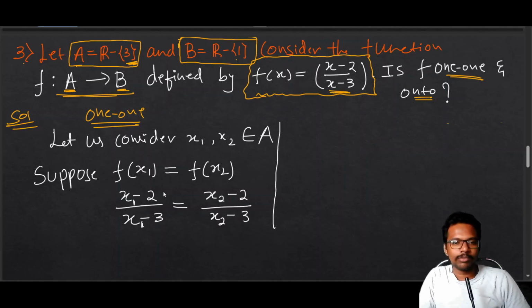Okay, so now I am going to solve here. Just cross multiply here. I have to remove the denominators, then only we can calculate easily. So I will cross multiply each side.